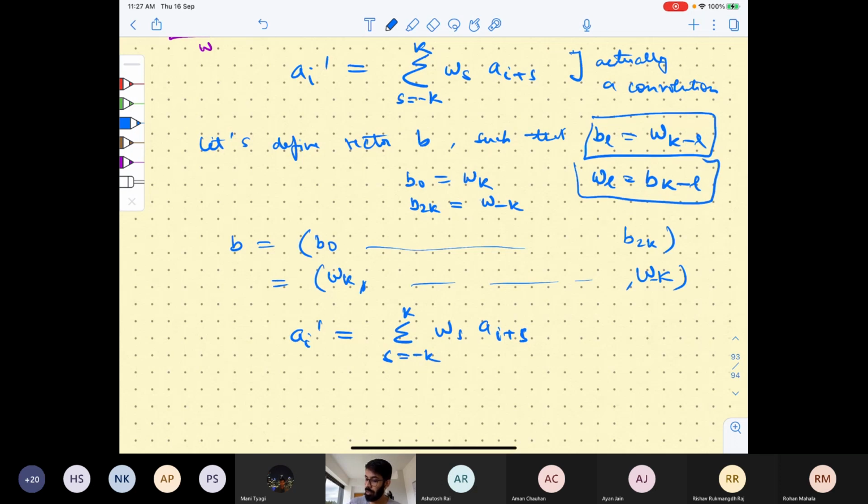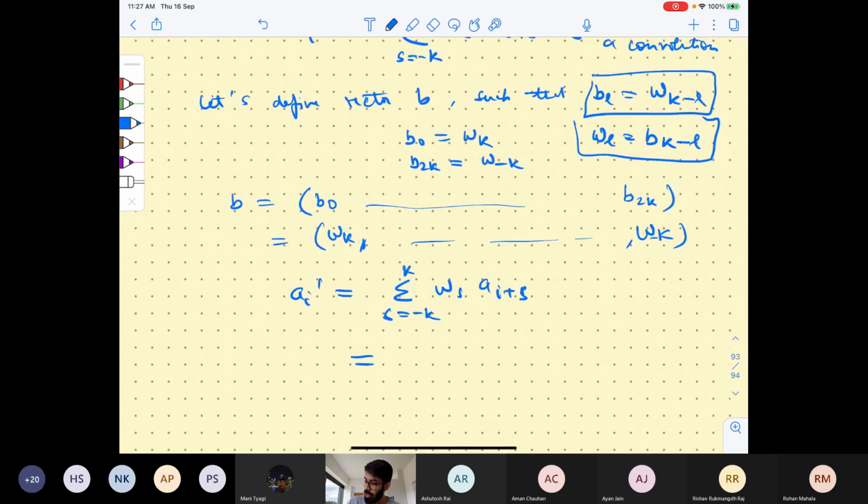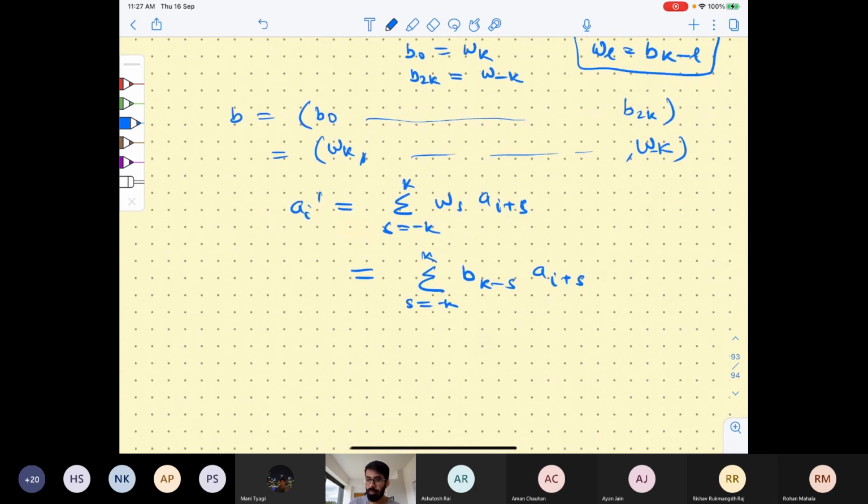Again, you can put the same thing and see how it will work out. That would mean that we can write it as the sum over s from minus k to k of B k minus s, since W l is equal to B k minus l, times a i plus s. Right? And now we want to change the indices. We want to replace this k minus s by some l. So k minus s is equal to l, let's say.